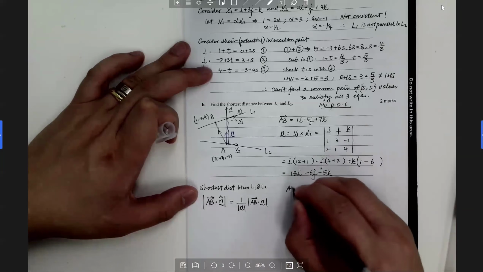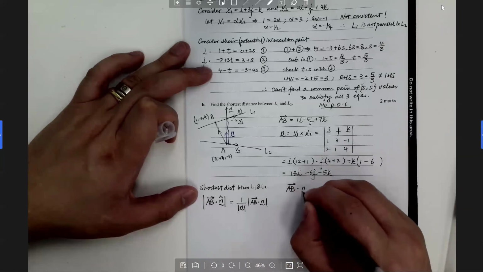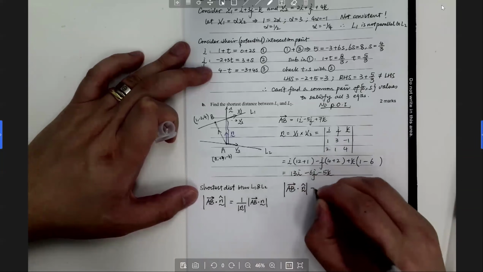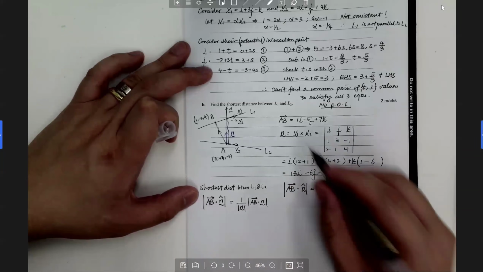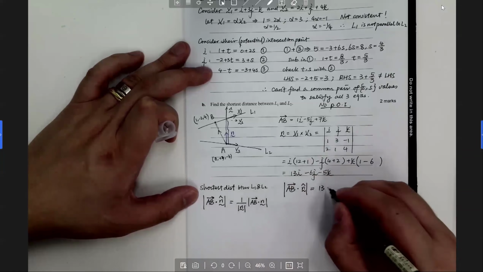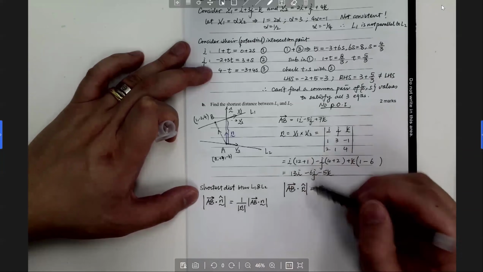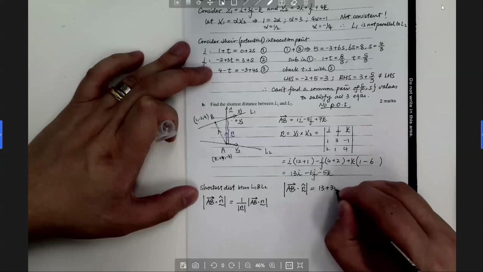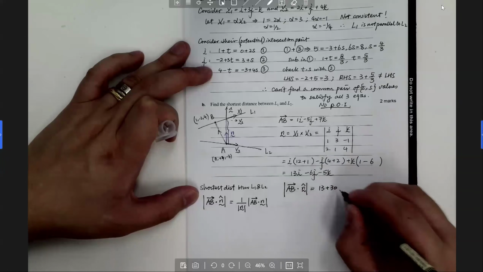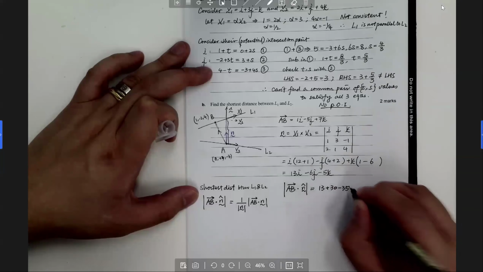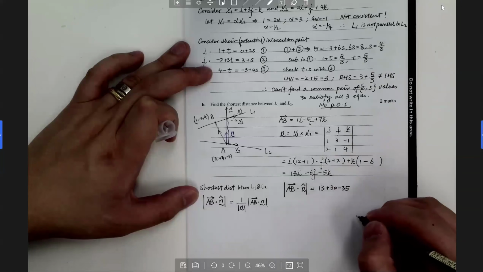So AB dot n, let's calculate the magnitude. That is 1 times 13, 13, and then we have plus a 30, minus 35, if I'm not mistaken.